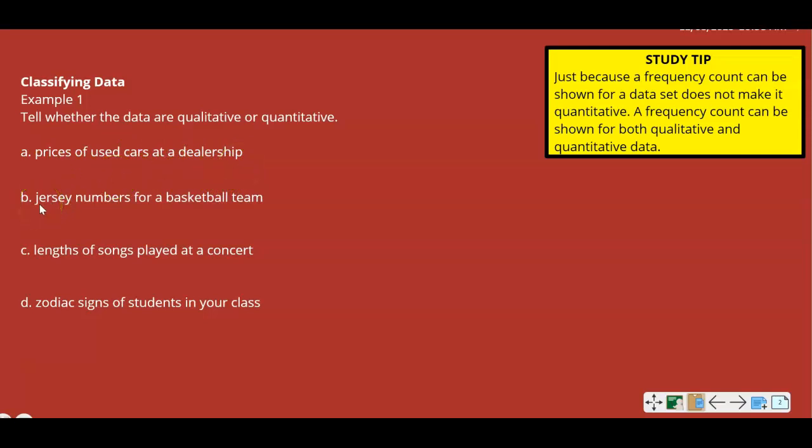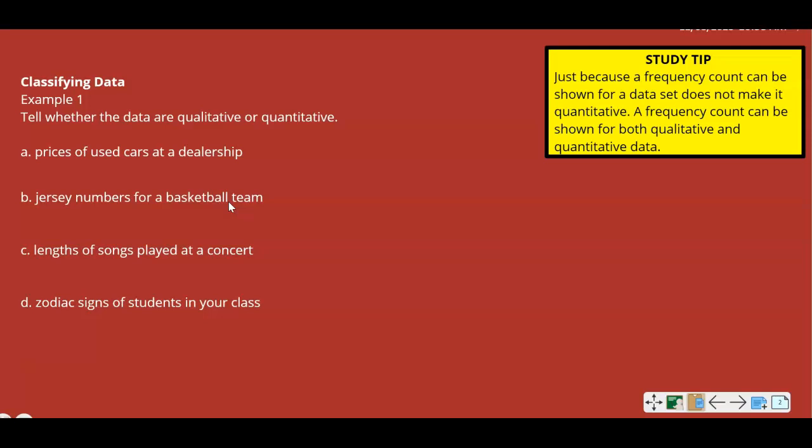B part, jersey numbers for a basketball team. All right, jersey numbers. You're talking about numbers on their jersey. So you are looking at numbers, but there's no reason to get an average. There's no reason to do anything with those numbers. So those numbers are basically used as just a label. It labels the jerseys so each player knows which jersey is theirs.